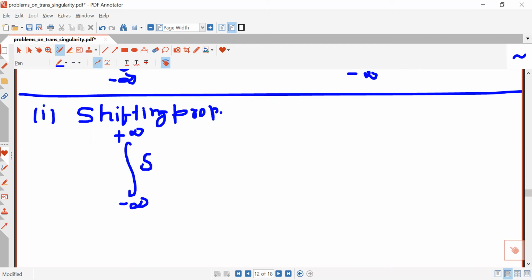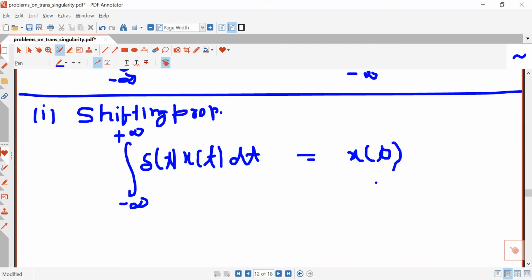Suppose this is an impulse signal, delta t, and it is multiplied with any signal x(t), and integrated dt. The value of this integral will be equal to the value of x(t) at t equal to 0, or x(0). This is the shifting property.